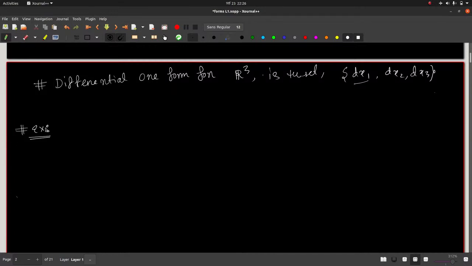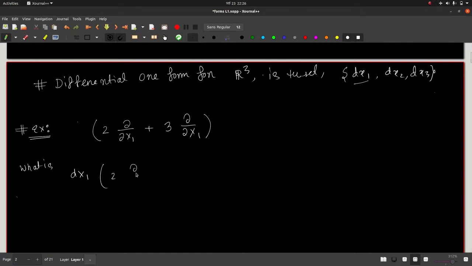Let's say I give you a quantity like this, 2 times the partial with respect to x1 plus 3 times the partial with respect to x2, and I want you to compute dx1 acting on 2 times the partial of x1 plus 3 times the partial of x2.